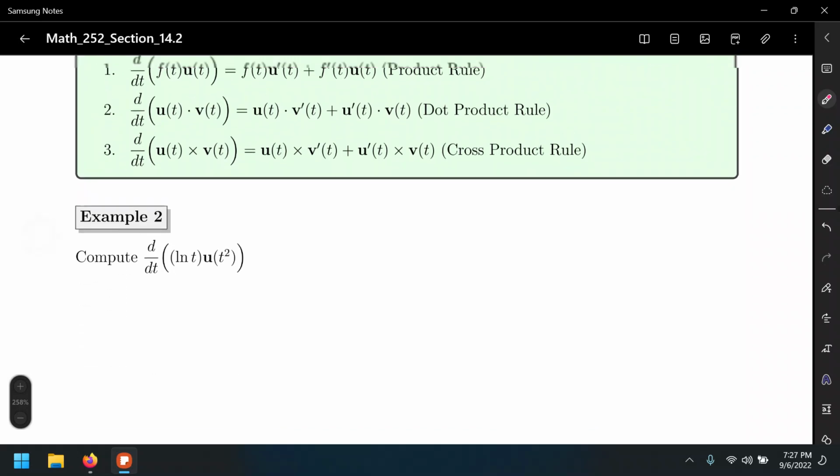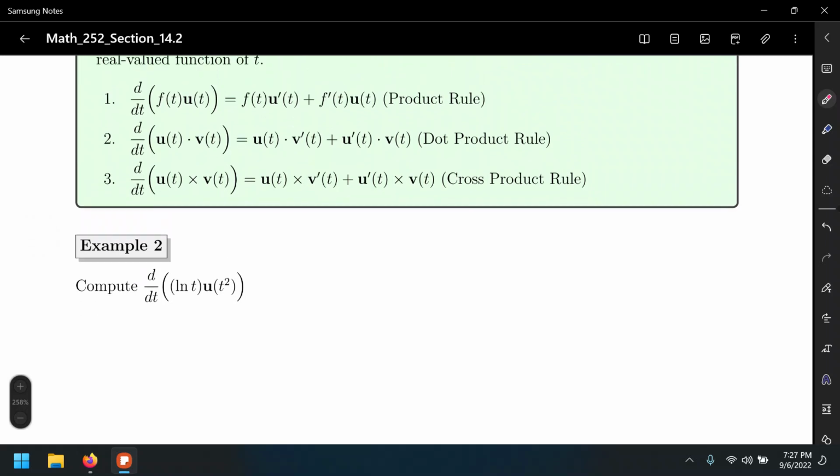Well, let's do one example of number 1. In this case, we have the derivative of ln of t times the vector valued function u of t squared. And be careful here about how this is defined.